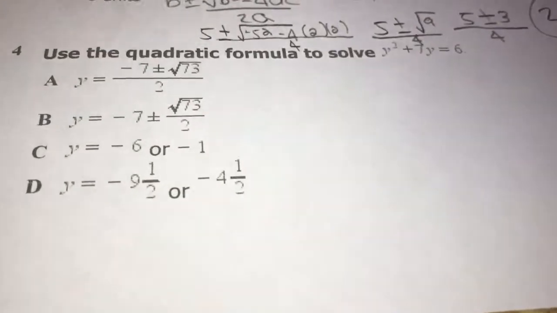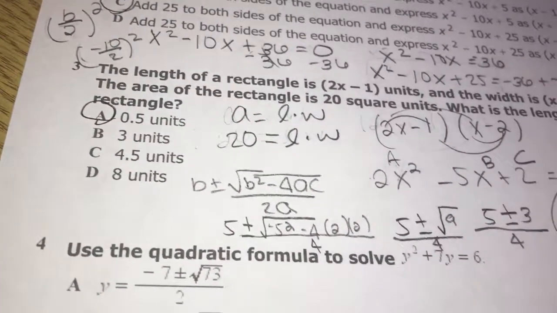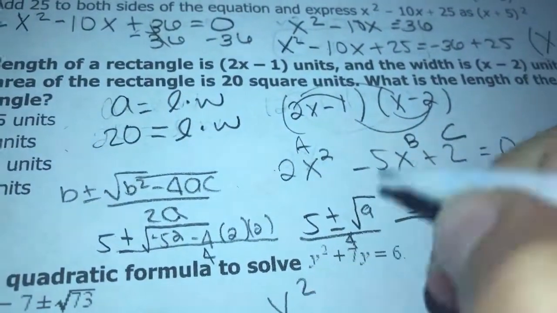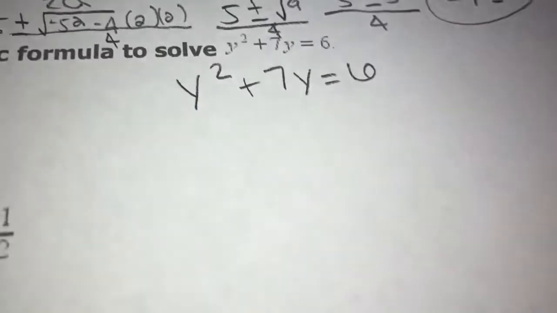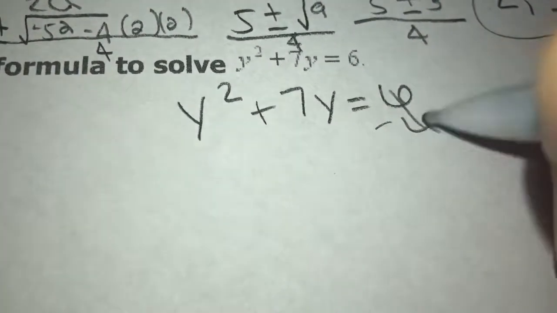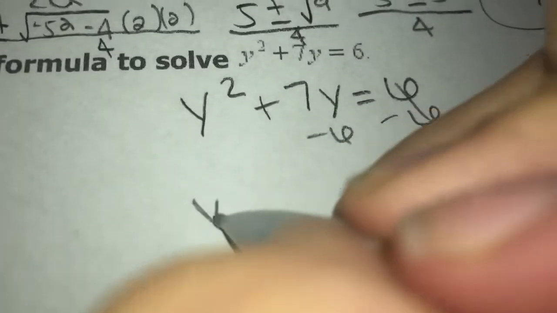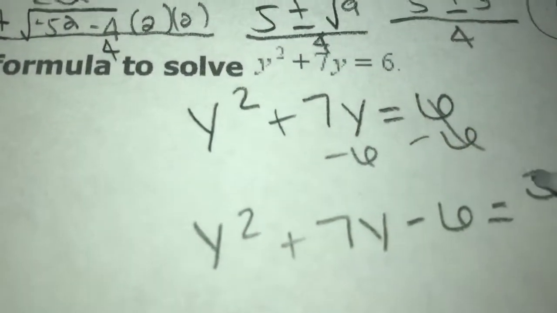For number 4, the first step in solving this equation would be to set it equal to 0. So, y squared plus 7y equals 6. To set it equal to 0, you have to subtract 6 from both sides. So, minus 6: y squared plus 7y minus 6 equals 0.